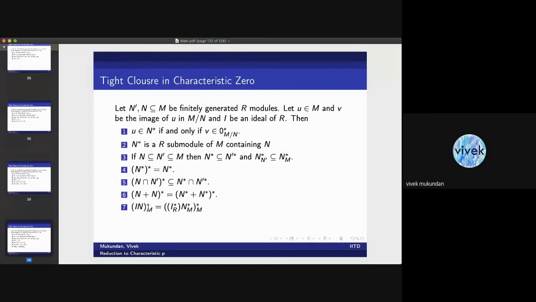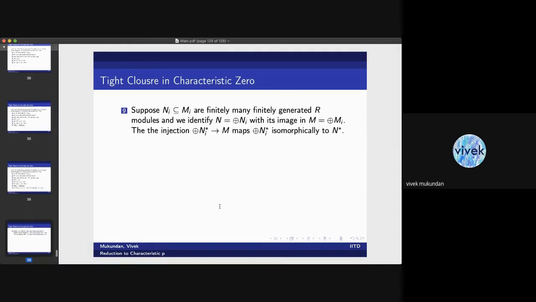And I N star, where I is an R ideal and N is an R-submodule of M, is obtained by taking the tight closure of I in R times the tight closure of N in M, and taking the tight closure of the product in M again. And the tight closure of N colon I is contained inside the tight closure of N colon I star, and if N is equal to N', then N colon I star is the same as N colon I. And suppose N_i is a submodule of M_i, which is a finitely generated R-module.